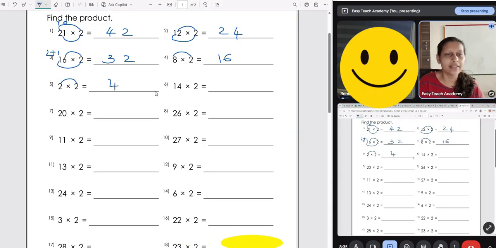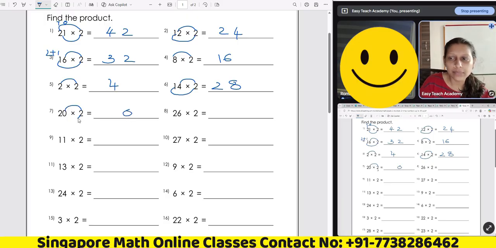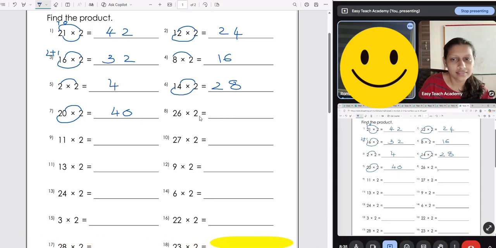Right, 4 here. 2 times 4 is 8. 2 times 1 is 2. Good girl. 2 times 0 is 0. 2 times 2 is 4. So the answer is 40.